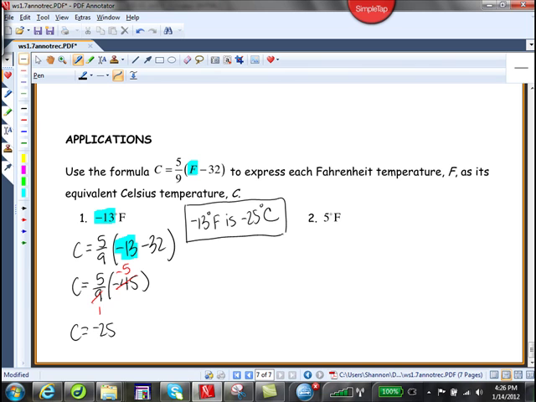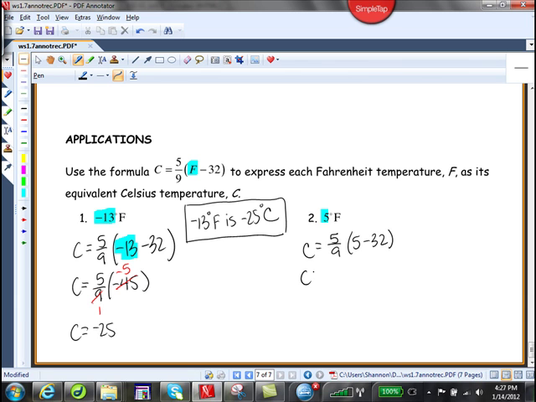Alright, let's check this one out. This time, wherever we see an F, we're going to plug in 5. So we'll have C is equal to 5/9 times 5 minus 32.